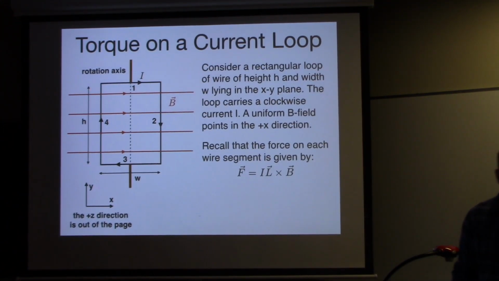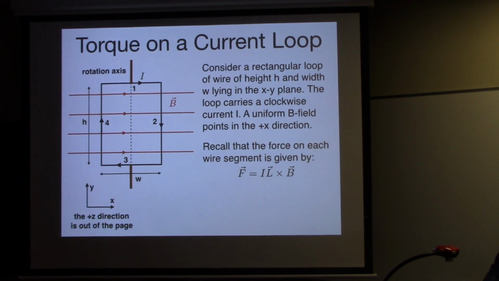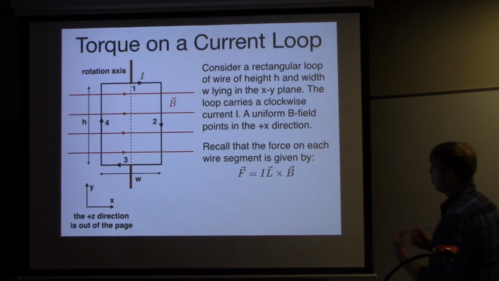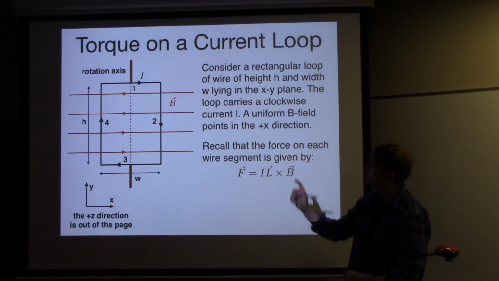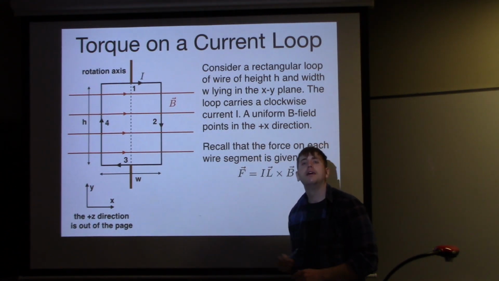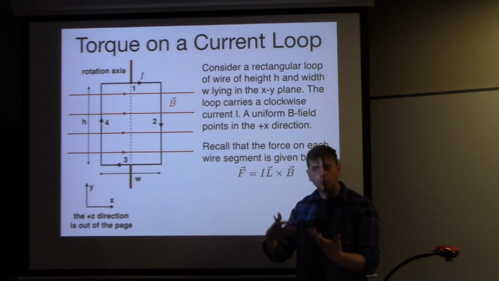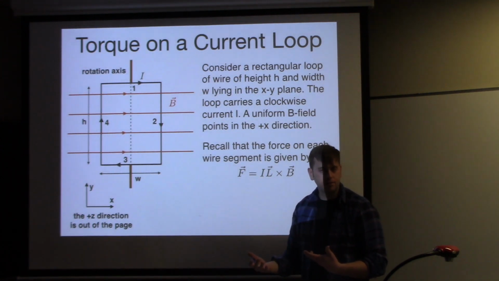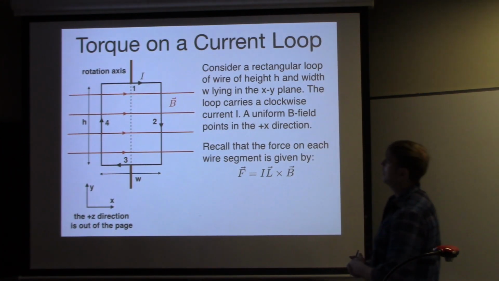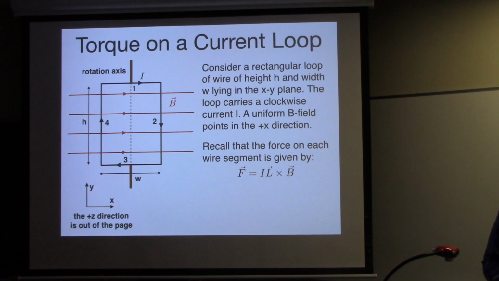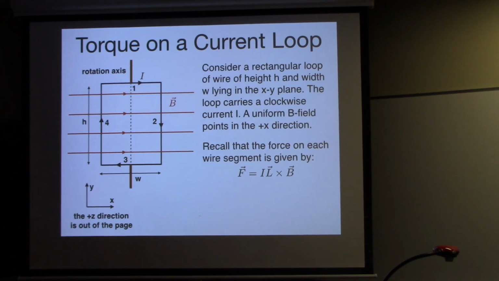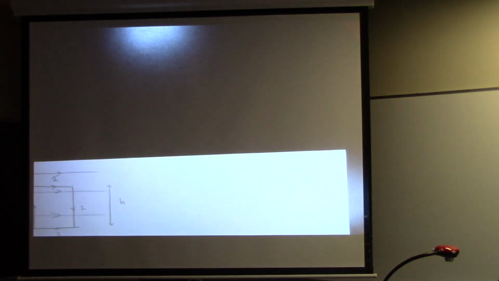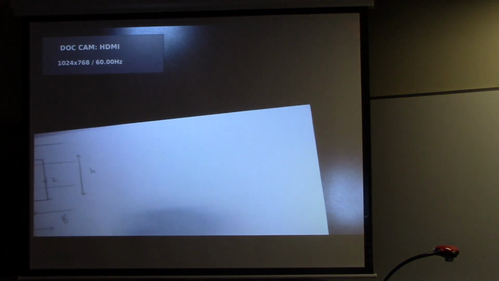The way we're going to get at what the torque is is to first think about force. Each one of these segments of wire, 1, 2, 3, and 4, could have an amount of force acting on them, and that's what we learned about in the previous lecture. So let's start by figuring out the force on each one of these numbered segments of wire. Remember how this works.